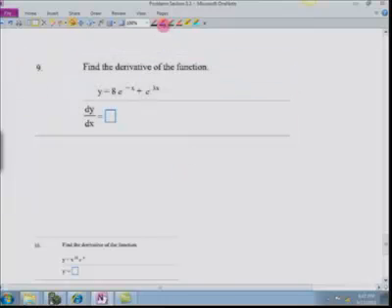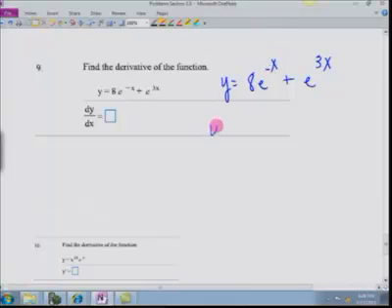Okay, find the derivative of y equals 8e to the negative x plus e to the 3x. Okay, we don't have a product or anything, we just have two pieces right now. Okay, so you do have to remember when you have e to something other than plain old x, you also have to worry about the derivative of this thing.